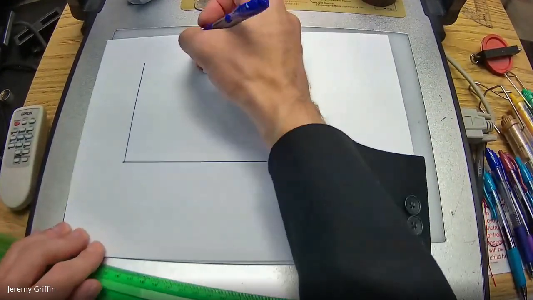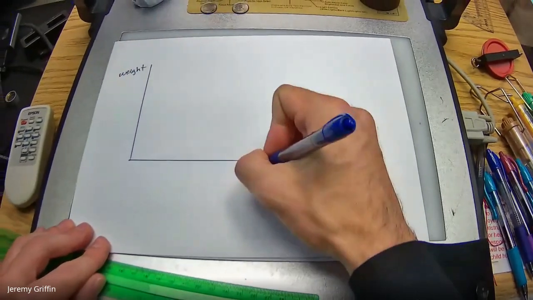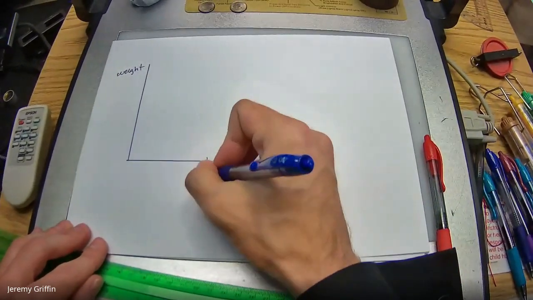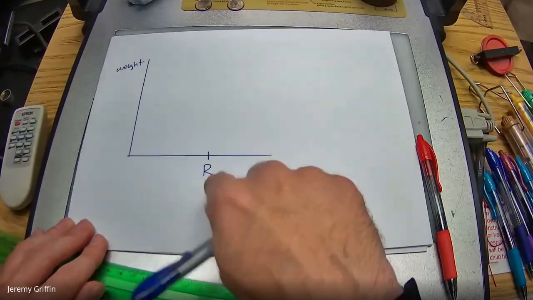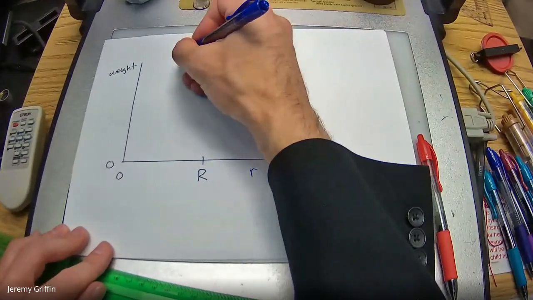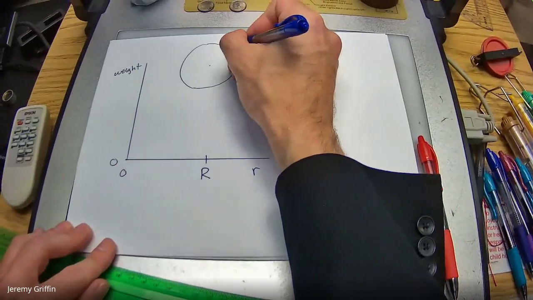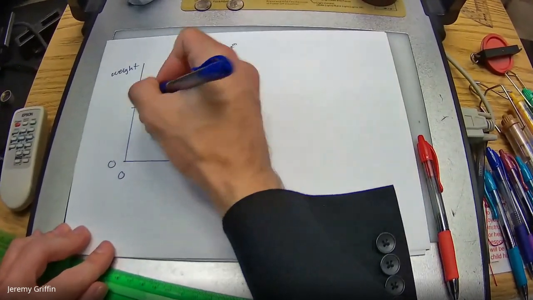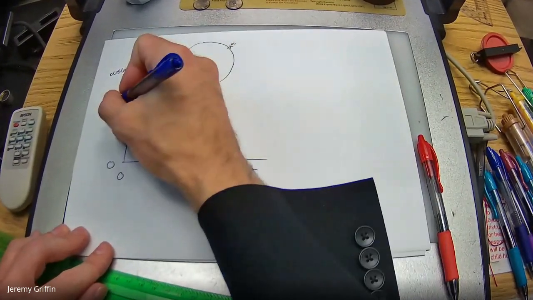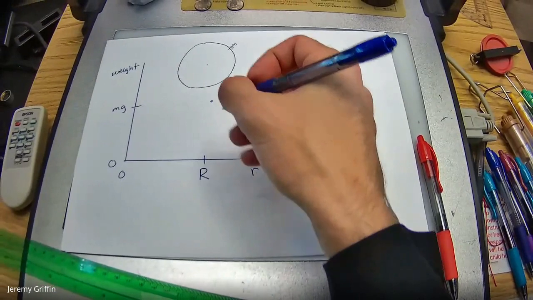So you put weight as a function of radial distance, and here's a very special radial distance: the radial size of the planet. I should draw you guys a picture again. If you're standing at the surface, you have some weight, which I might call mg, or maybe even better, GMm on r squared.